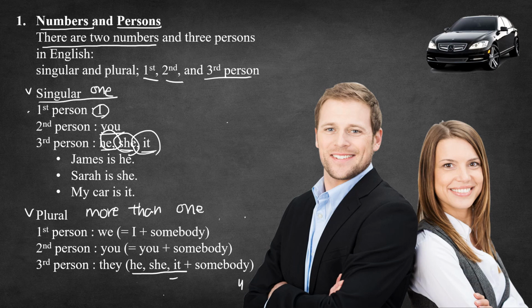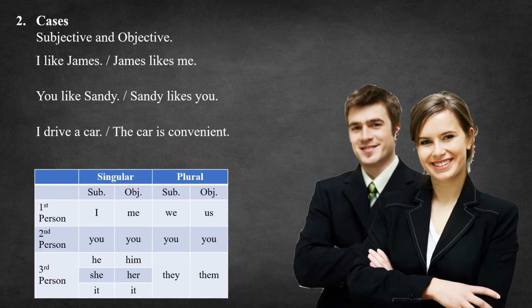Now let us think about cases. Today we are going to think about only two cases, subjective and objective. There are more cases, but let's think about subjective case and objective case. Here, I is a subject and James is an object.